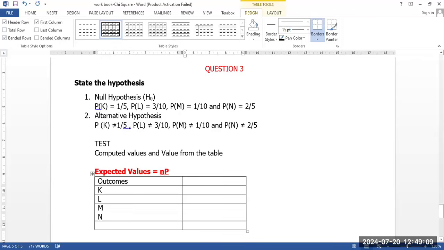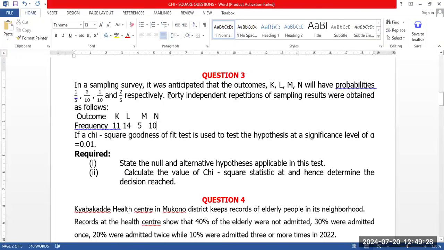So how do you get expected values? We said you just get N times P. In the question, do we have N? They said 40 independent repetitions.